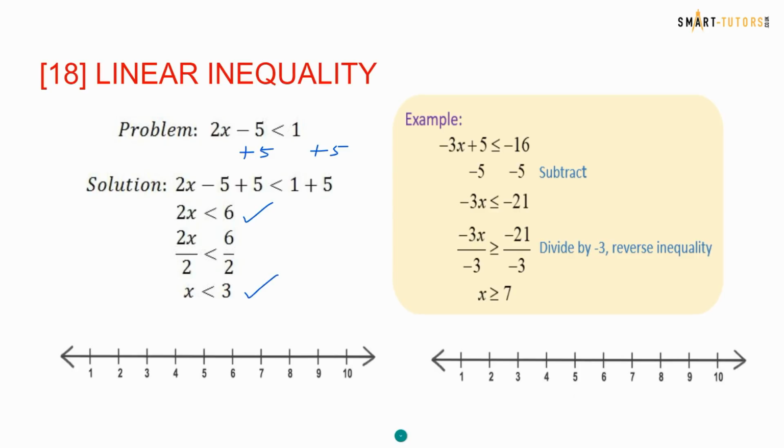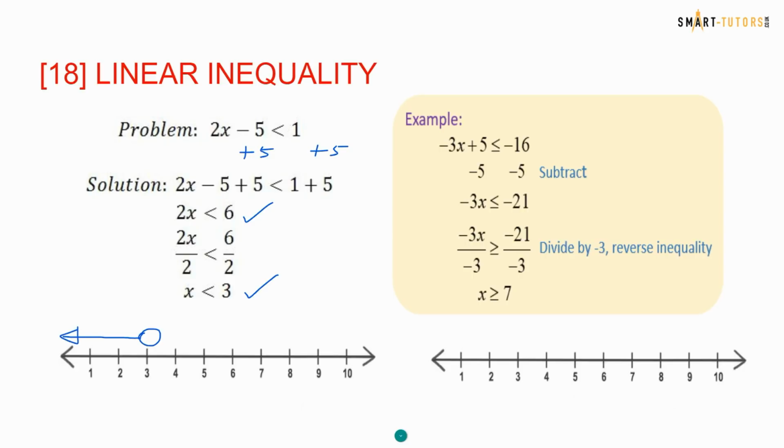That is the answer. Sometimes they might ask you to draw a number line to represent the answer. So 3 is here, so you can draw a small bubble. There's no equal sign, so you don't need to color inside. Less than means left hand side. So you draw the arrow towards the left hand side.